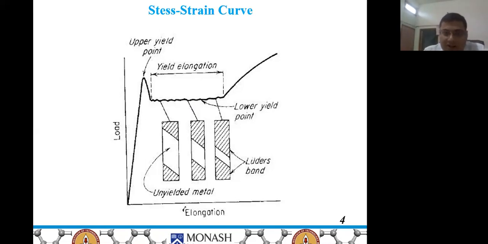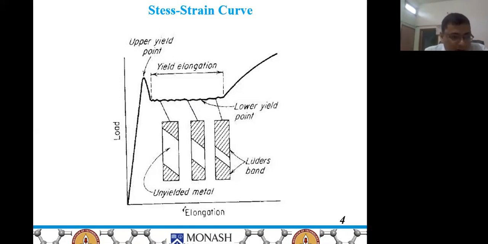So this deformation is also sometimes referred to as the Piobert effect. When several Luder's bands are formed, the flow curve during yield point elongation will be irregular, each jog corresponding to the formation of a new Luder band.